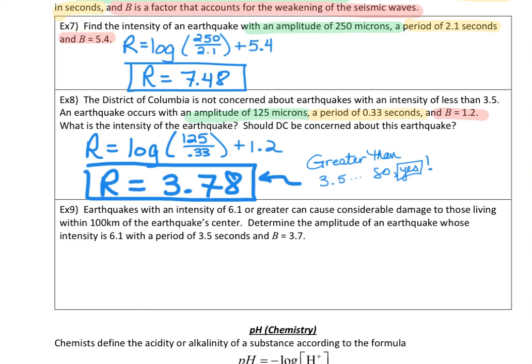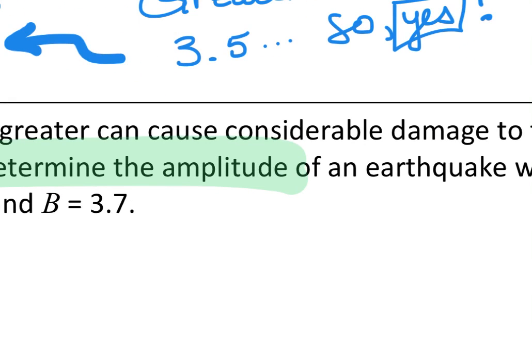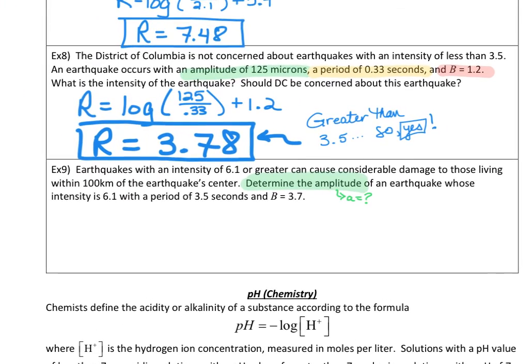Now, in this next problem, you are determining the amplitude. So A here is what you're solving for, where it says the intensity is 6.1.